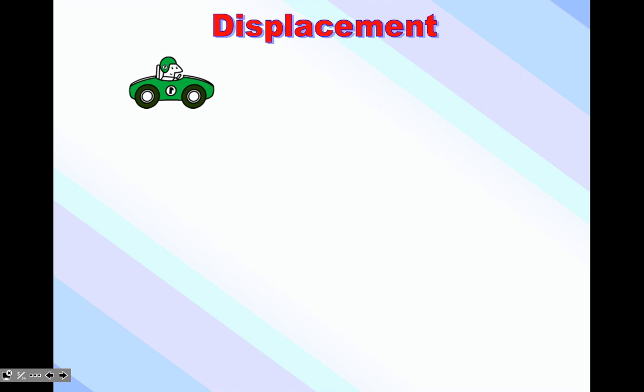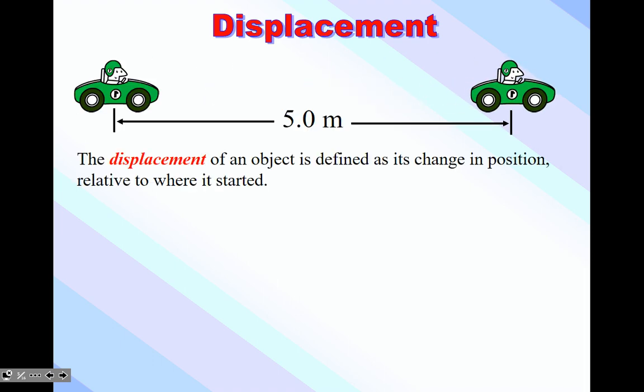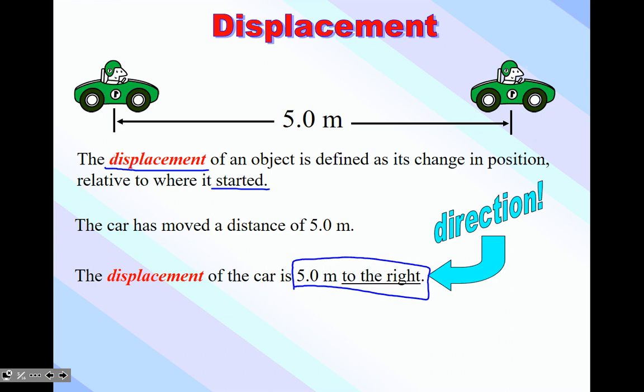What is displacement? Displacement is another word that you don't know yet. The displacement of an object is defined as its change in position relative to where it started. This is displacement. So the car has moved a distance of 5 meters. However, the displacement of the car is 5 meters to the right, whereas the car has moved a distance of 5 meters, there's no direction.